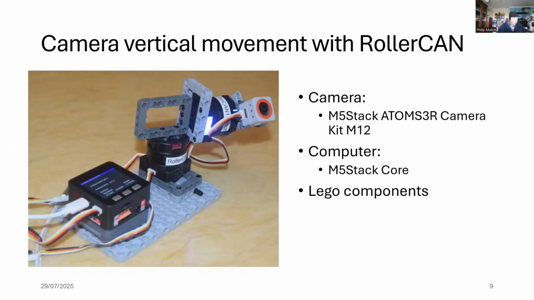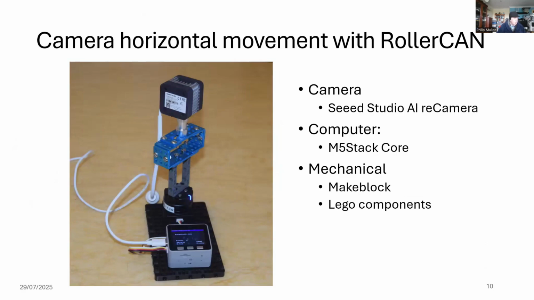I use that for projects like this one, where I've got two axes, the horizontal and the vertical, moving a camera with pan and tilt. I've also used it with the Seeed Studio AI camera, where in this case I'm only moving it in the pan direction.